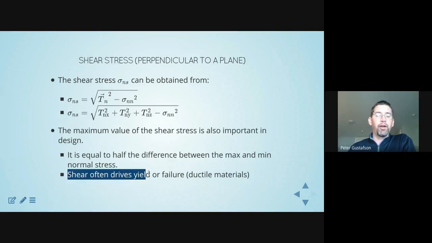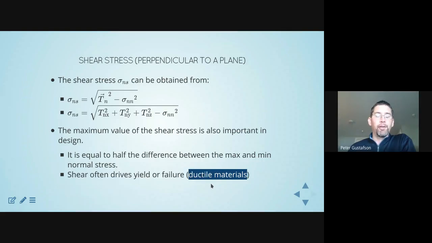So the shear component drives yield or failure for a ductile material. A ductile material, like most metals, yields based on a shear component of stress, whereas brittle materials, as I mentioned on the last slide, tend to fracture, and they fracture associated with normal components of stress.